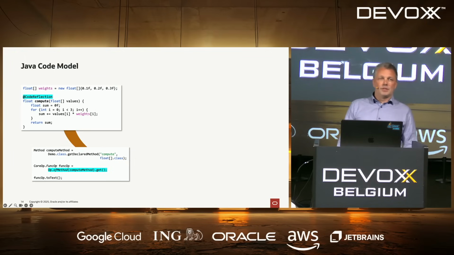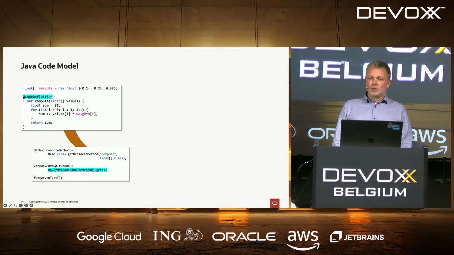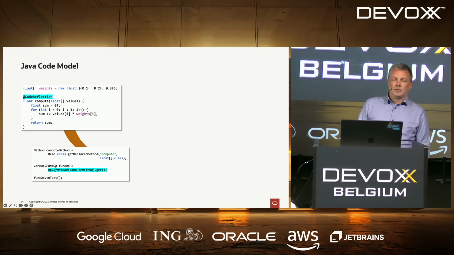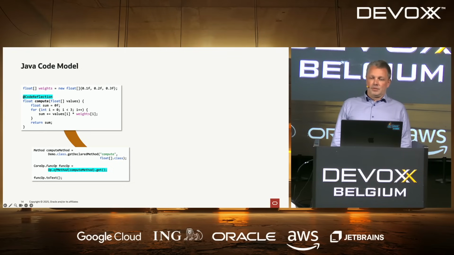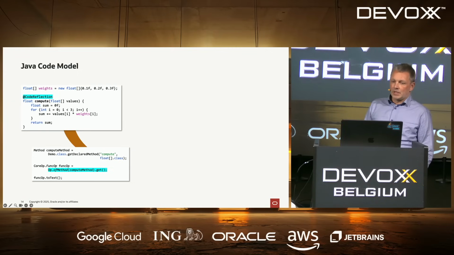So we annotate it with code reflection, and the compiler will include the code model in the class. So it will be accessible for us, particularly through reflection. Down below you can see how to obtain it. The entry point is the Op class for us.